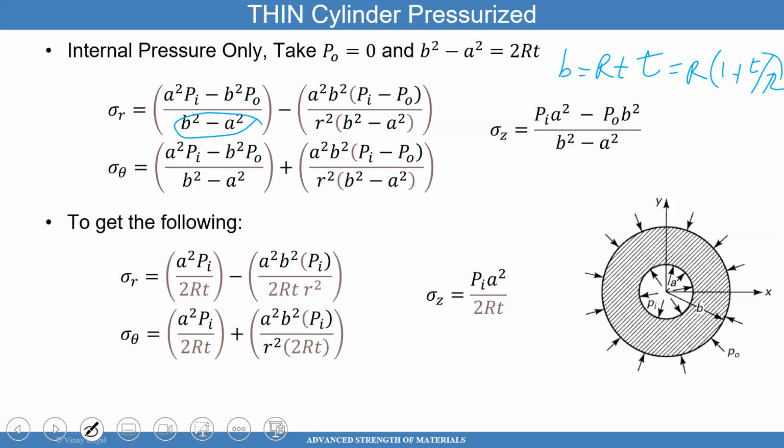If T divided by R is very small, isn't this approximately equal to R then? But A is R, and B is approximately equal to R. So anywhere I saw A or B, I plugged in R because it doesn't matter if it's very thin. Okay, is that clear?